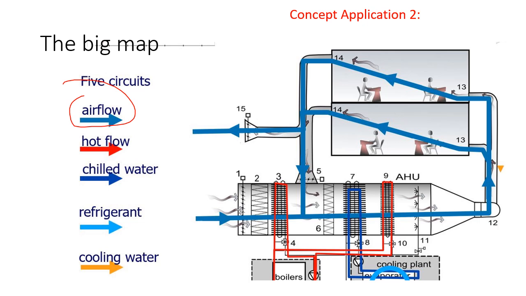So the outdoor air mixed with room air goes through this cooling coil, inside which there is chilled water. Chilled water absorbs heat here, so the temperature will be lower, and because the surface can be lower than the dew point, you can see not only does temperature drop, but moisture is also turned into dew and becomes condensate. So at this coil, air loses both sensible heat and latent heat.